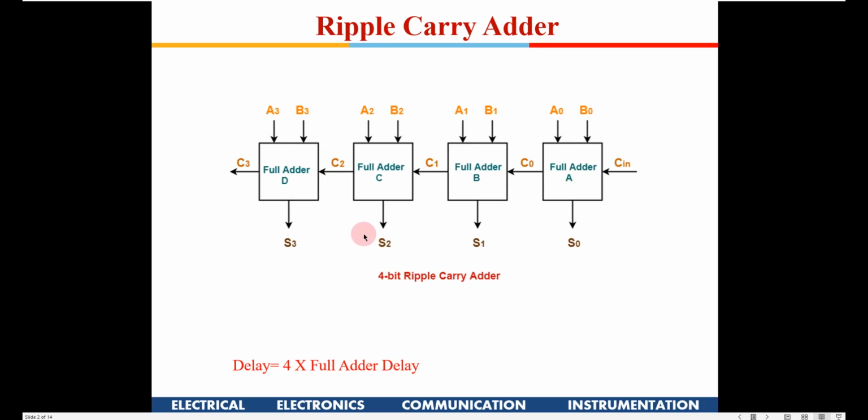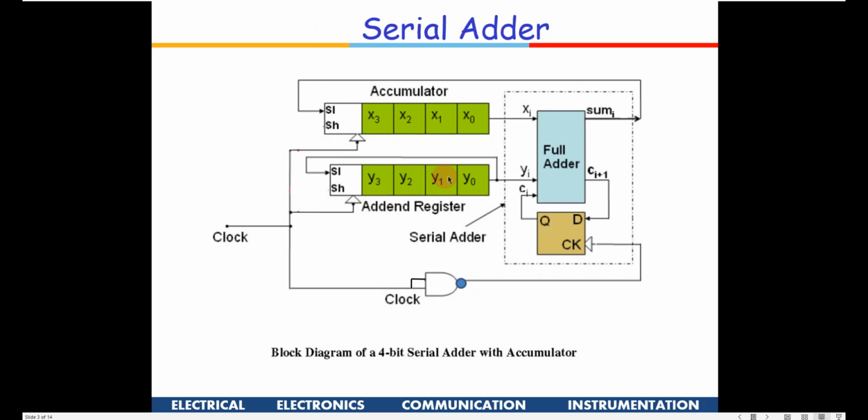Now if I have to design a 4-bit adder using sequential circuits, this is how I will do it. If you see here, the clock is given to these two shift registers, and you have an inverted clock being given to the D flip-flop here, right? Suppose initially, let me take a starting point where I have to add x0, x1, x2, x3.